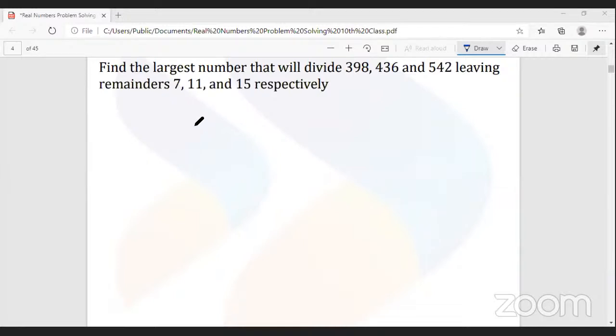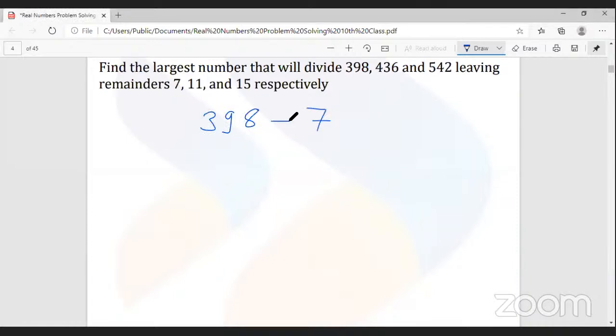So we have to find the largest number that will divide 398, 436 and 542, leaving remainders 7, 11 and 15 respectively. So whatever the number is, when it will divide 398, it will leave the remainder 7, right?